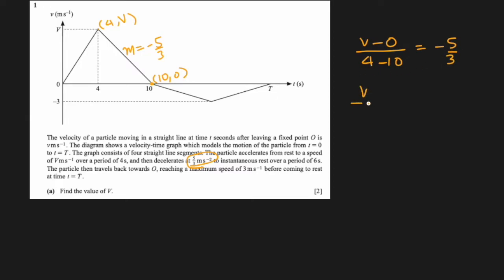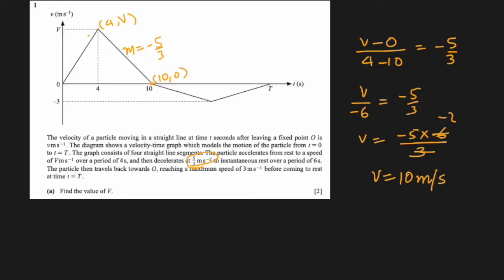So v over minus 6 equals minus 5 over 3. V comes out to be minus 5 times minus 6 over 3, cross multiplication, that gives 10. So v comes out to be 10 meters per second. This v is 10 and the coordinates are 4, 10.